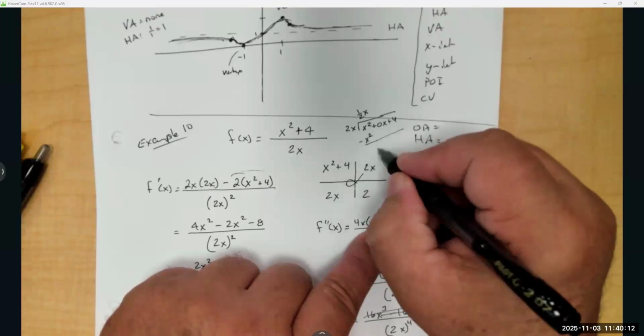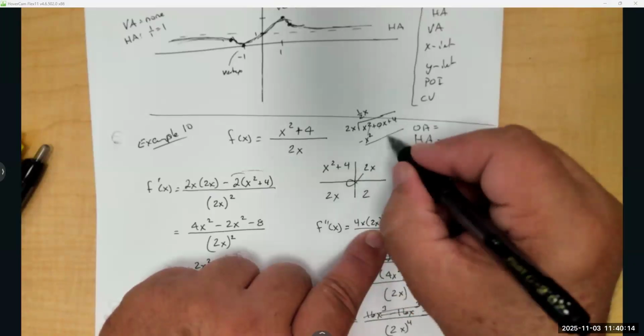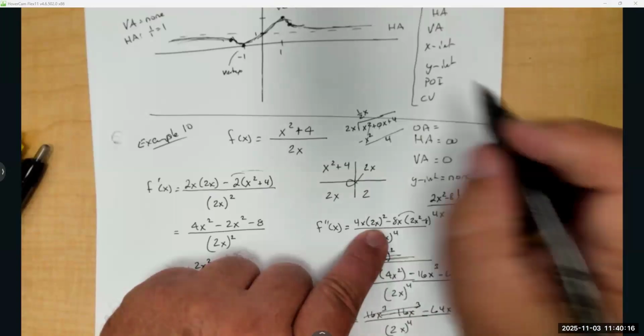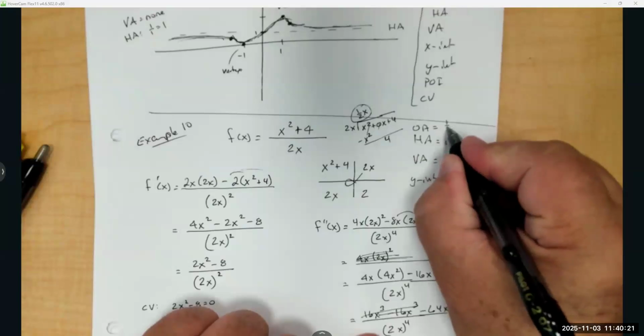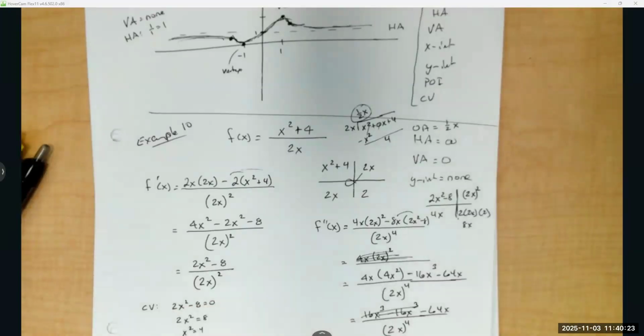Change the signs. So that disappears. So we have 4. So that's our oblique asymptote, the graph y equals 1/2 x.